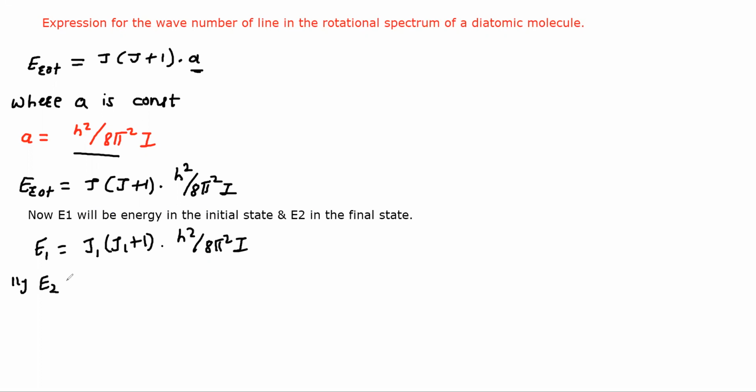Similarly, we can write down final state energy, that is E2. So this is J2 plus 1 times h square upon 8 pi square I.